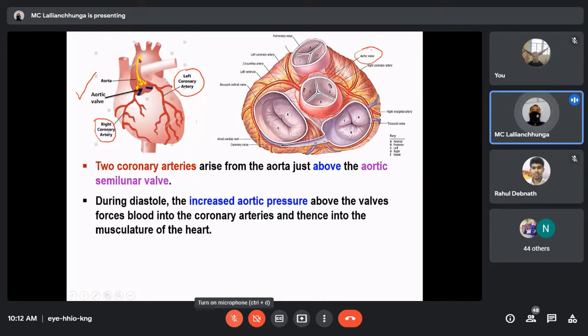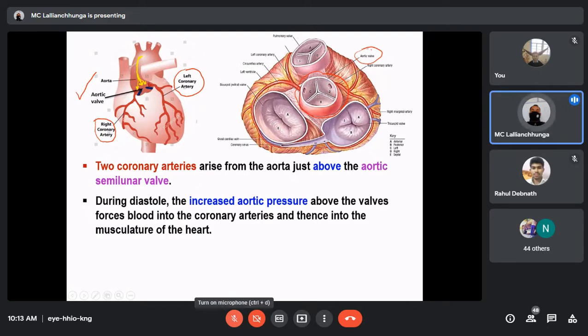But blood will not enter the ventricles because of the closure of the aortic valve. But regarding the right coronary artery and left coronary artery, some blood will enter into them.